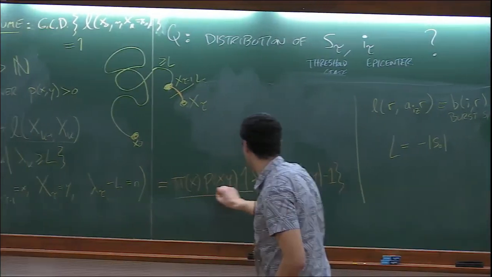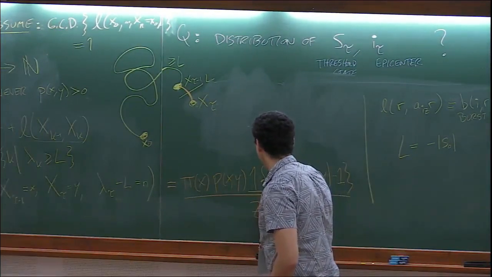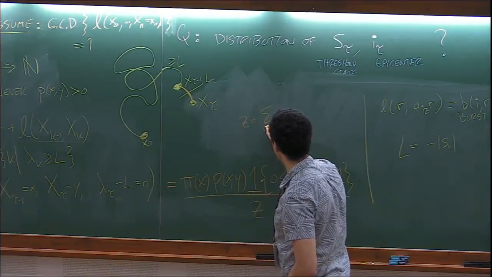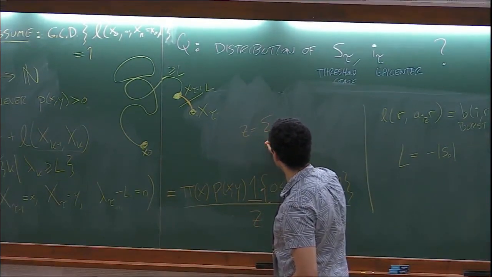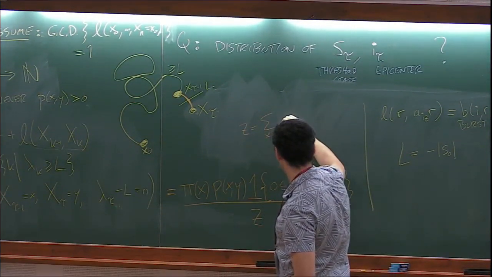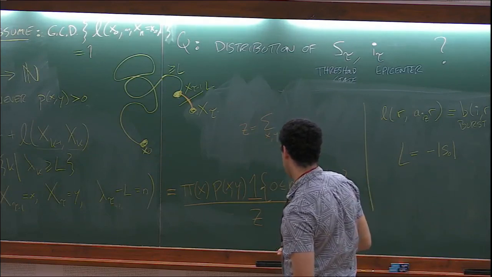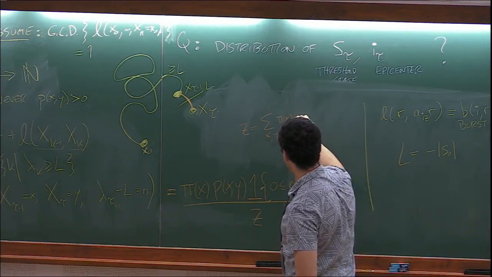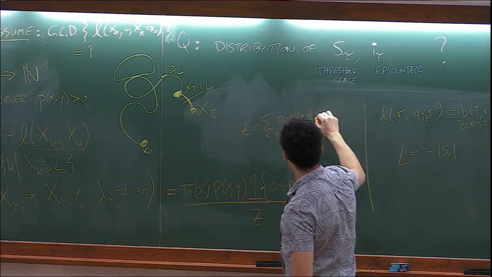So indeed, I should divide this whole thing by z, and the normalizing constant is, you know, the sum over all edges of the x, p, x, y, l, x, y.